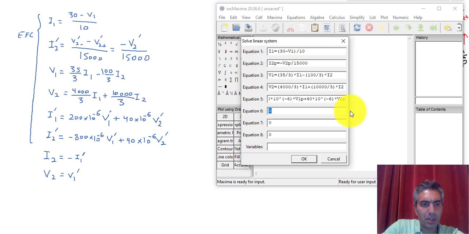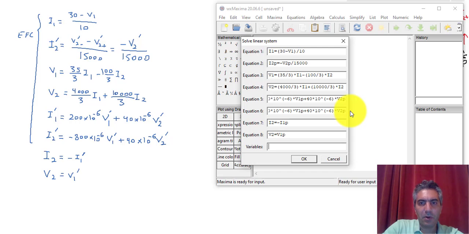The sixth equation, I2 prime is equal to -800 times 10 to the power of -6 times V1 prime plus 40 times 10 to the power of -6 times V2 prime, and then finally I2 is equal to minus I1 prime and V2 is equal to V1 prime.